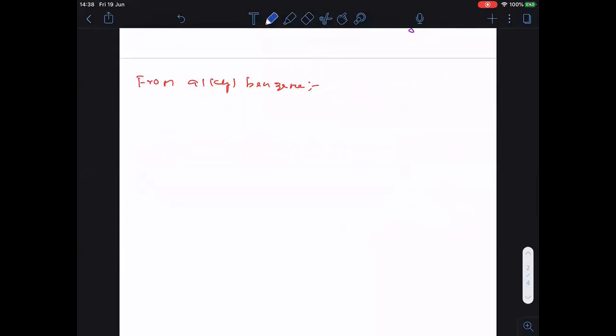Let me take one alkyl benzene like this. So this is one alkyl benzene. I think you know this is alkyl benzene, methyl benzene. It is also called toluene.